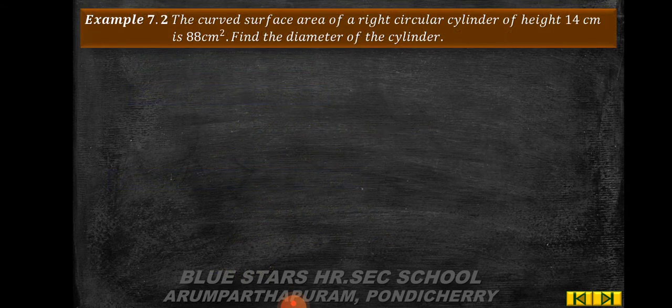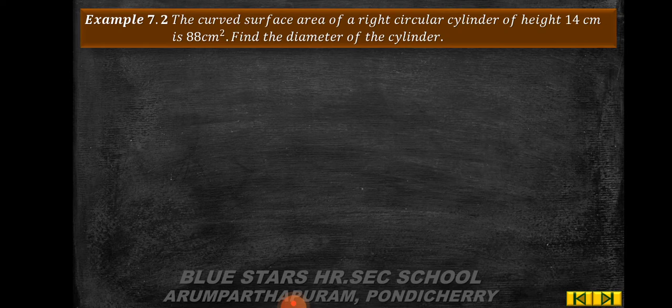Next, example 7.2. The curved surface area of a right circular cylinder of height 14 centimeter is 88 centimeter square. Find the radius of the cylinder. So here CSA of a cylinder is given.